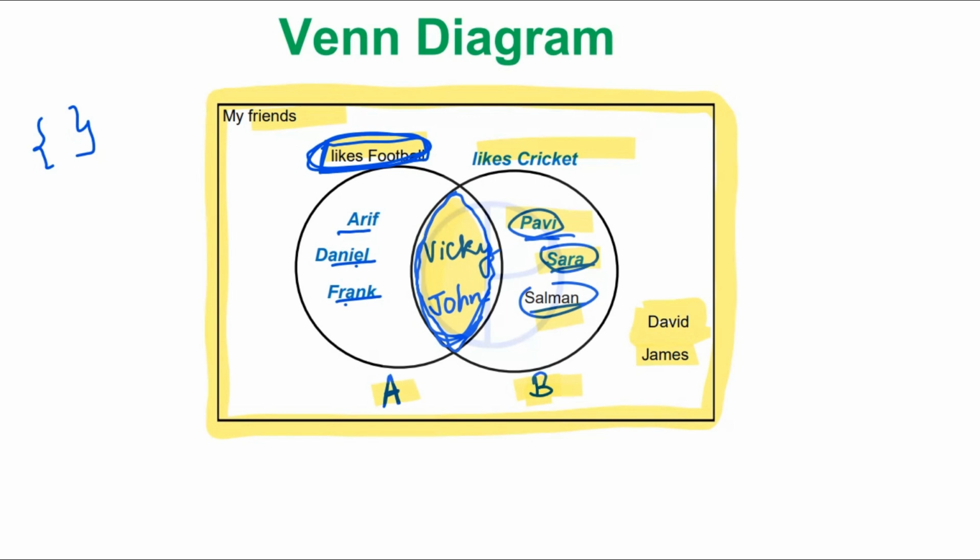The notation for this is a little upside down U. So A intersection B is the overlapping region here.